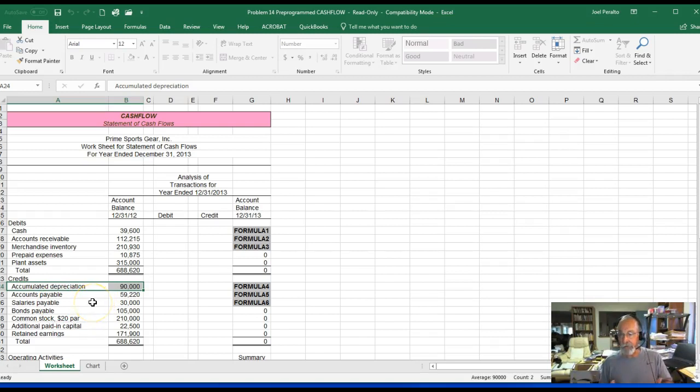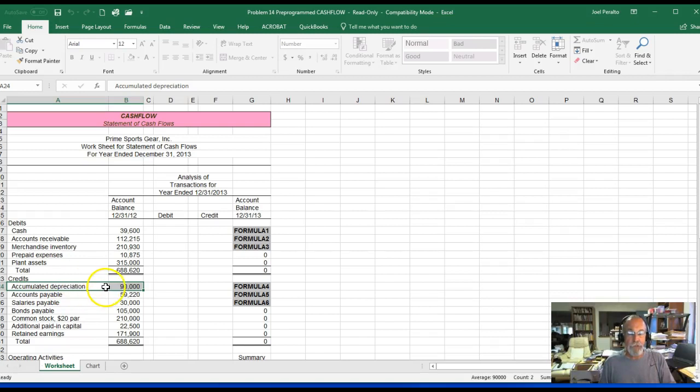So of course we know that the proper presentation of a balance sheet requires that we show accumulated depreciation as a reduction of the plant asset amount up above under assets.